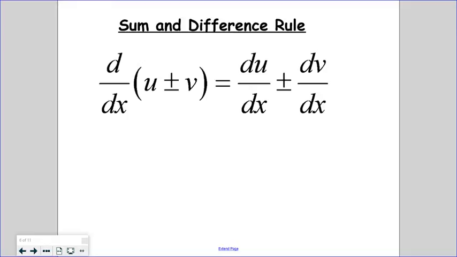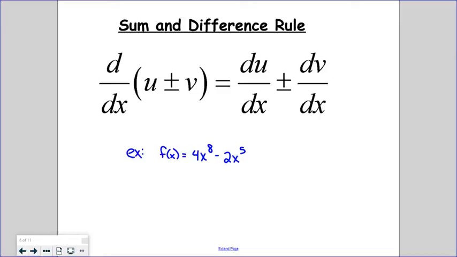So doing a basic example of a sum or difference rule, if my function were something like 4x to the 8th minus 2x to the 5th, each of those individual monomials, I can apply my power rule to.